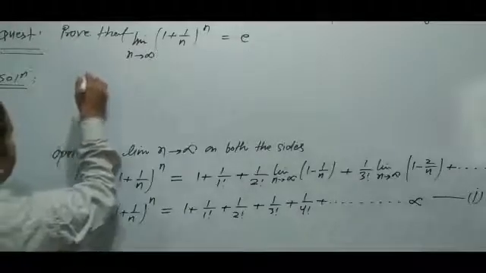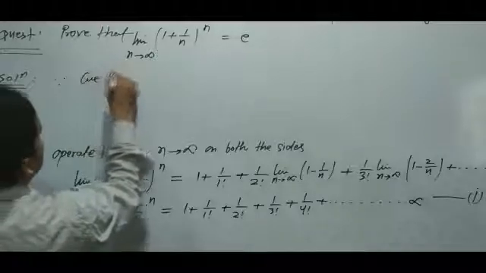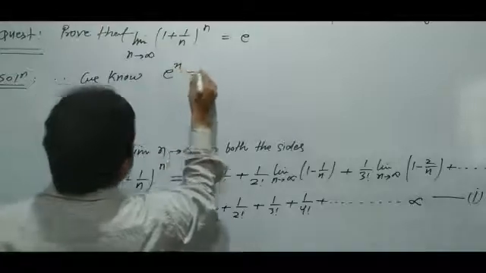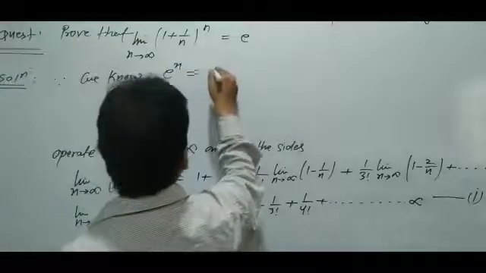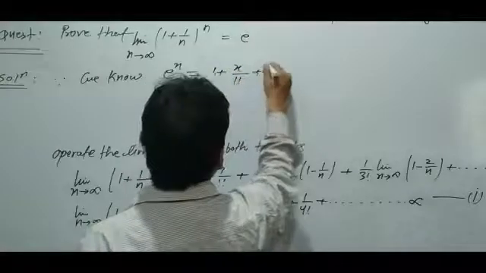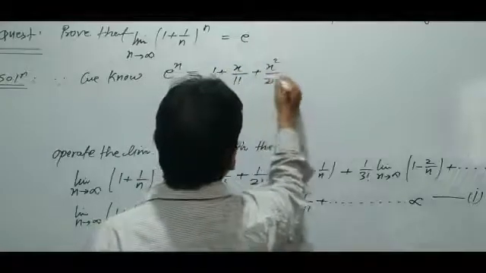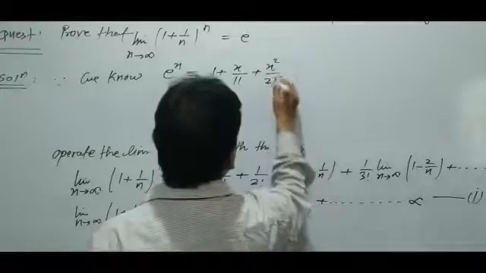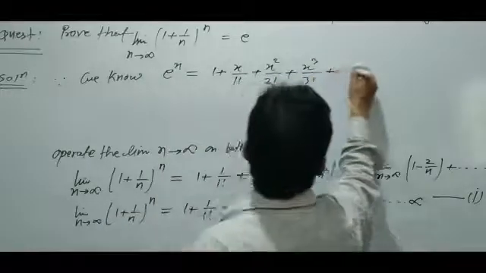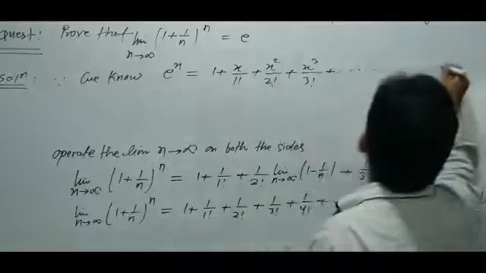Since we know e to the power x is equal to 1 plus x upon factorial 1 plus x square upon factorial 2 plus x cube upon factorial 3 up to infinity.